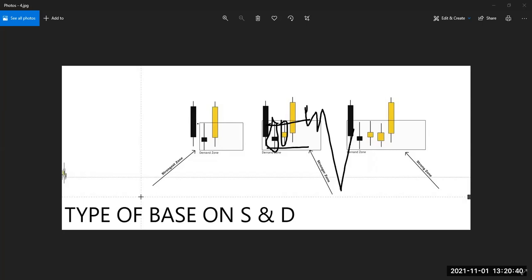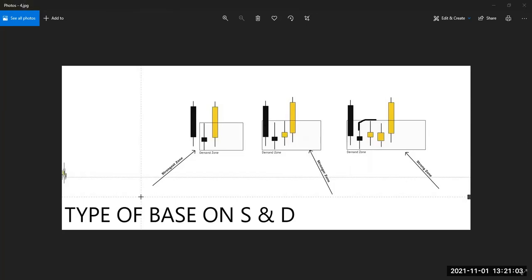But with a single base, the market can respect it up to like 6 times before they break it. In the case of this stronger base, the market can respect it like 2 or 3 times before they break it, because it's stronger, but it's not the strongest. So when you are trading the financial market, you must know the base you trade.